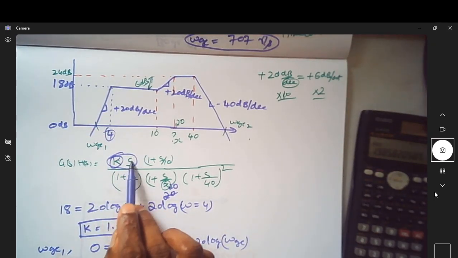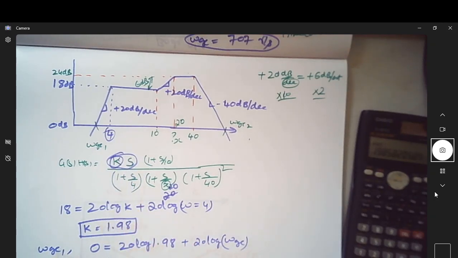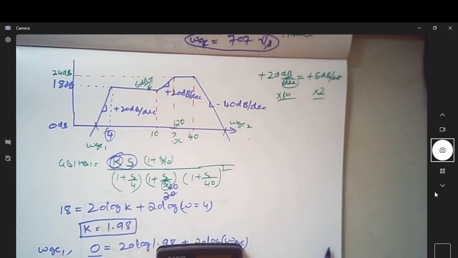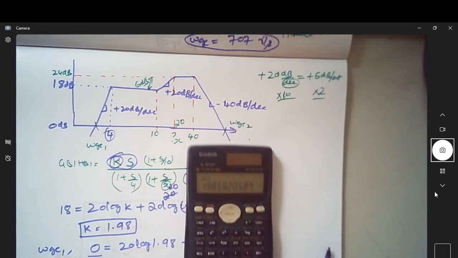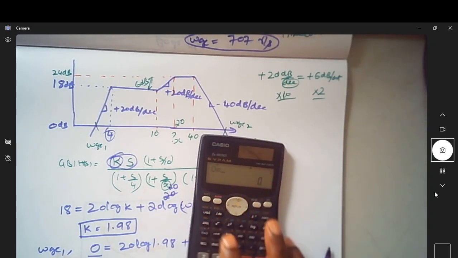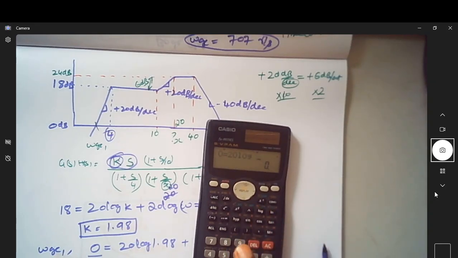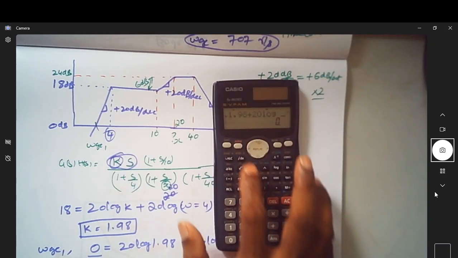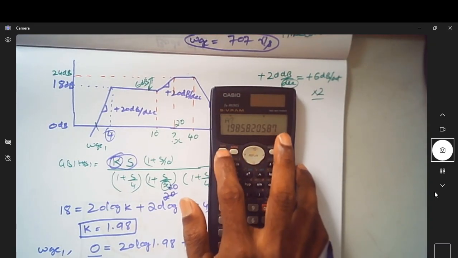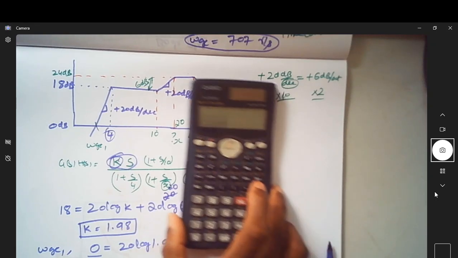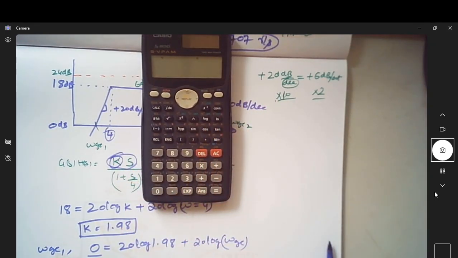These two terms, s and 1.98, will give a magnitude of 0 at omega equal to omega gc. So 0 equals 20 log of 1.98 plus 20 log of alpha a, shift calculate. Now this will give you omega gc1. It is 0.5.